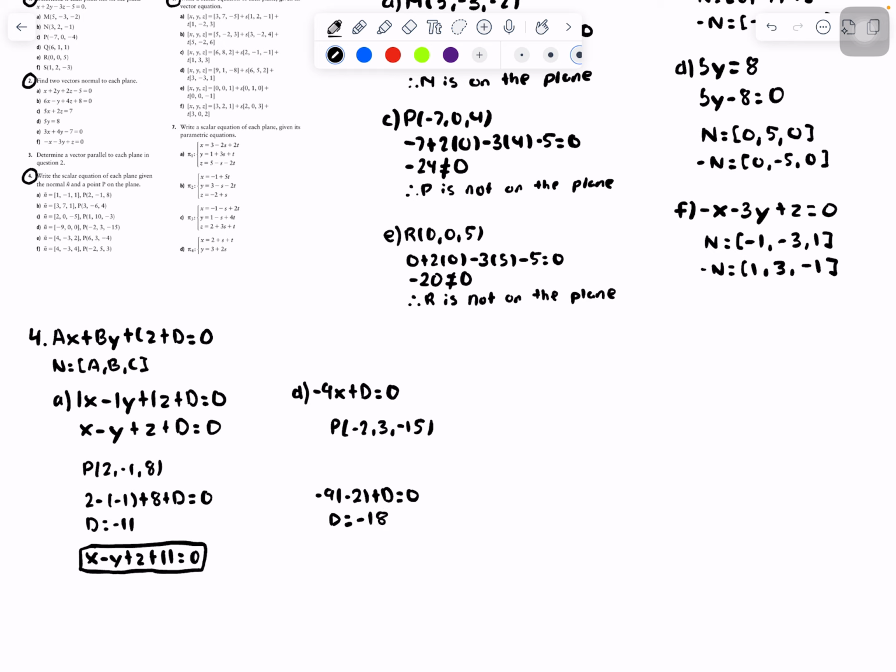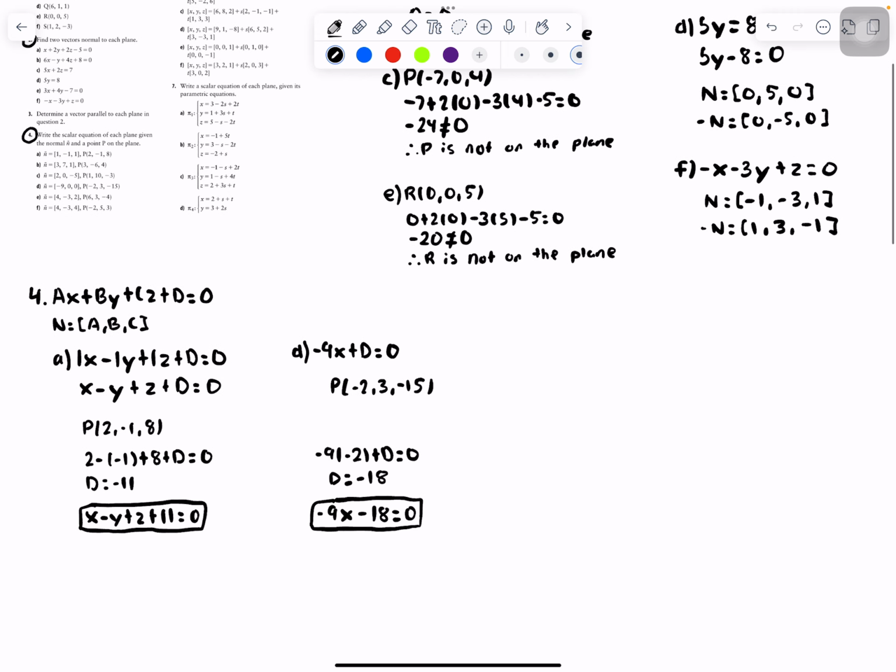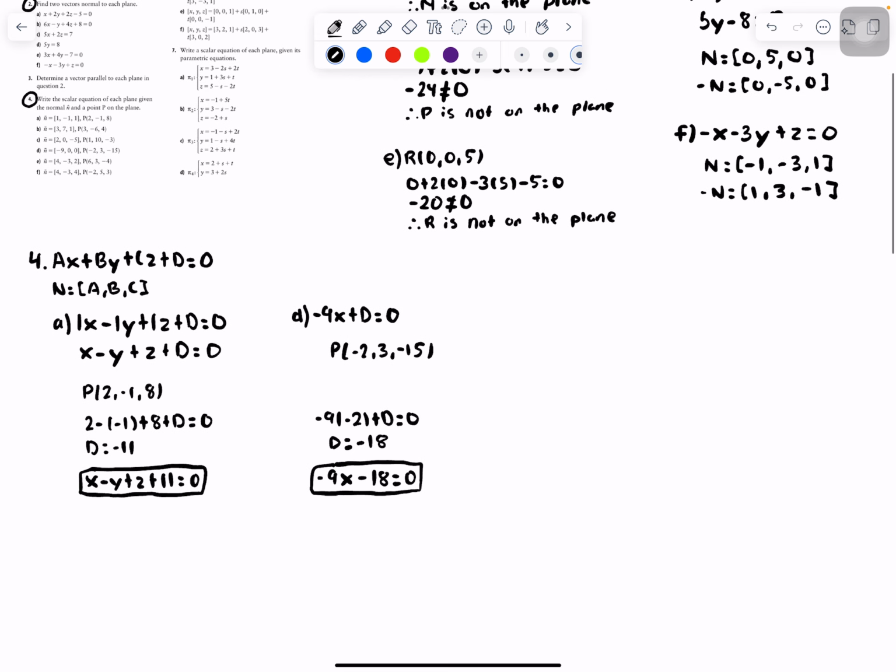So we have -9x minus 18 equals 0. You could factor a negative and then divide by it, so it would be 9x plus 18 as well. That also works. Okay.